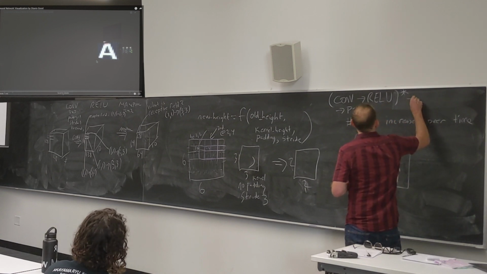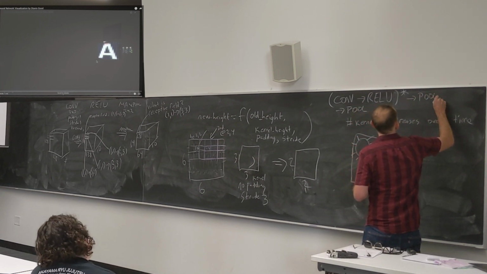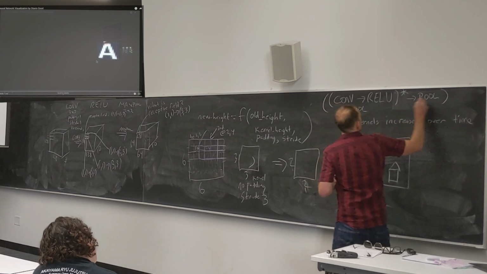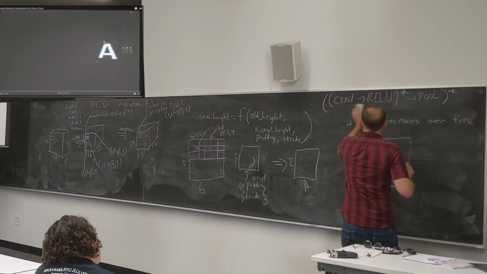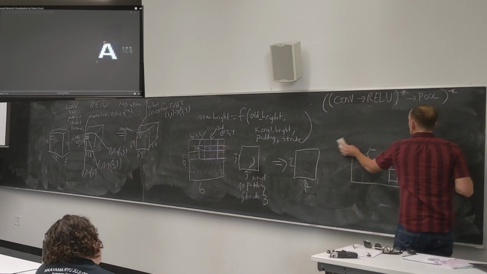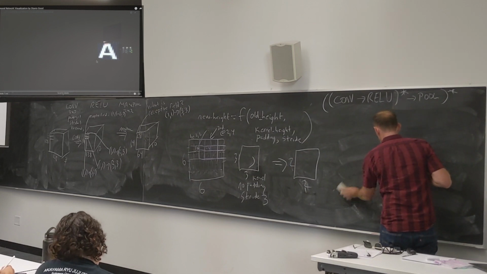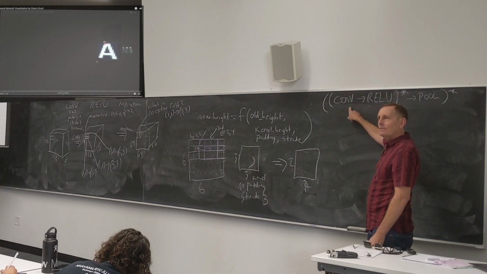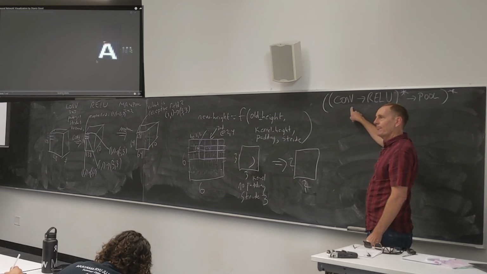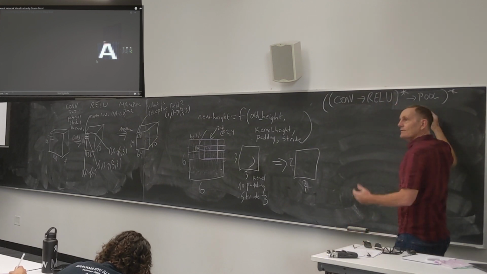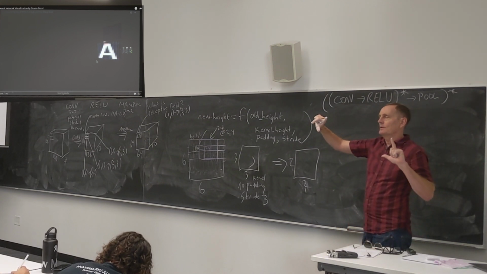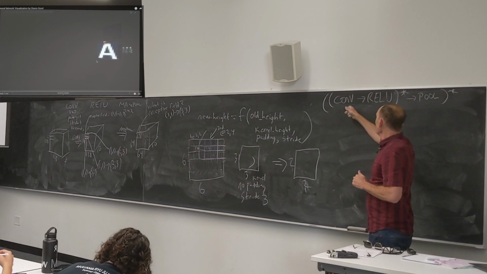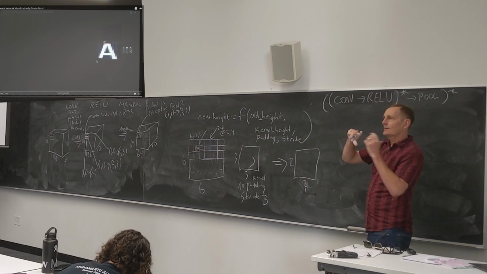Followed by a pool, and that we repeat. And these convolutions normally will have the number of kernels increasing. So the pool will take care of decreasing our height and width dimensions. The increasing filters will take care of increasing the depth.